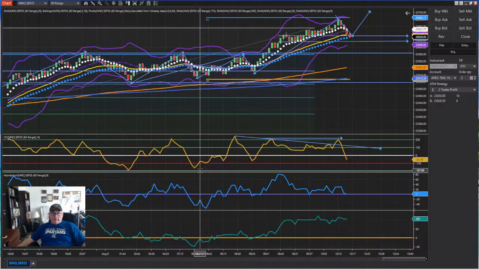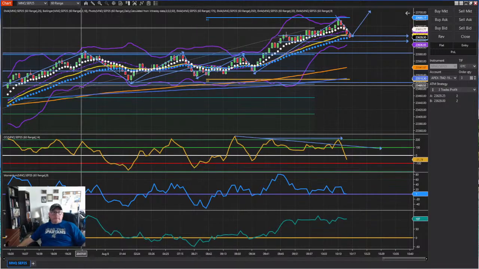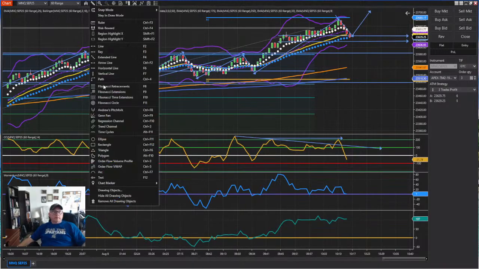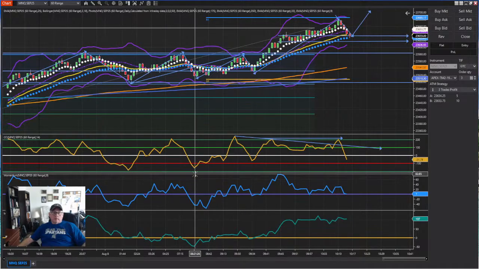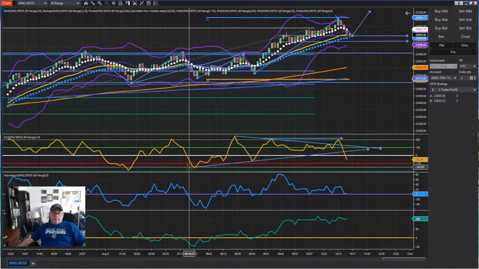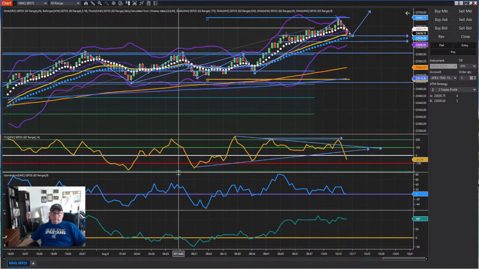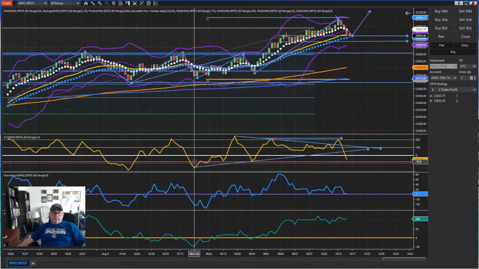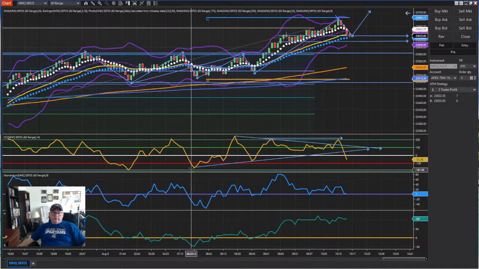On the other side, what are we watching? Kind of broke through that little area right there. The last red line, so it didn't go to minus 200 though.